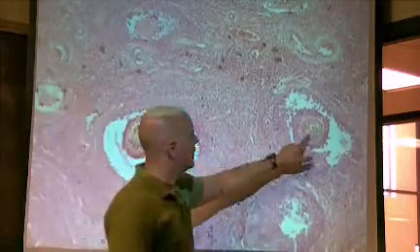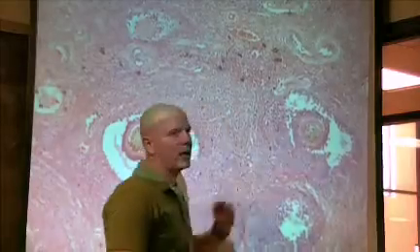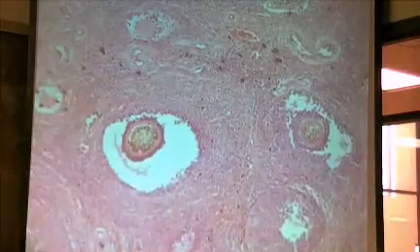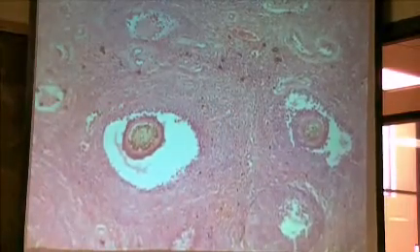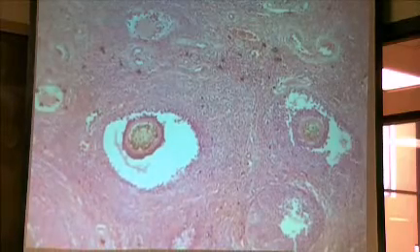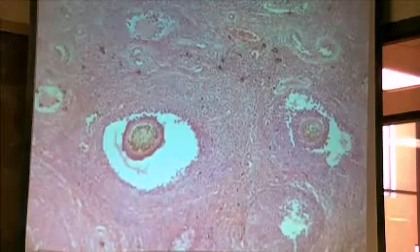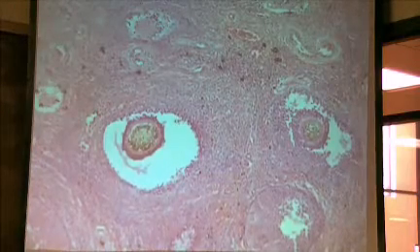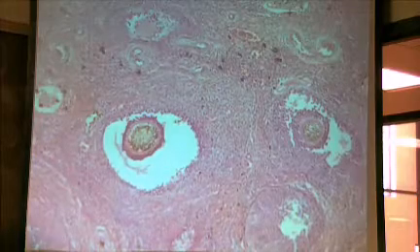You're also seeing it on this guy here, that pink layer right outside of the oocyte. That is the zona pellucida. After fertilization, that zona pellucida is going to harden, and that's going to prevent other sperm cells from entering, which is a good thing. We'll talk about that later.